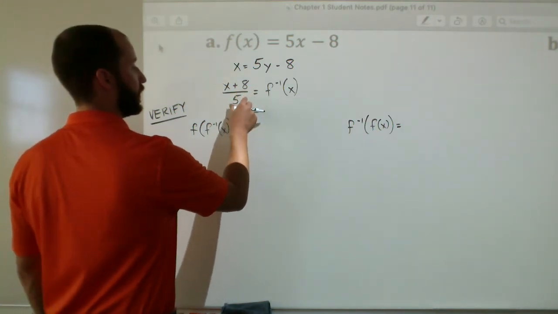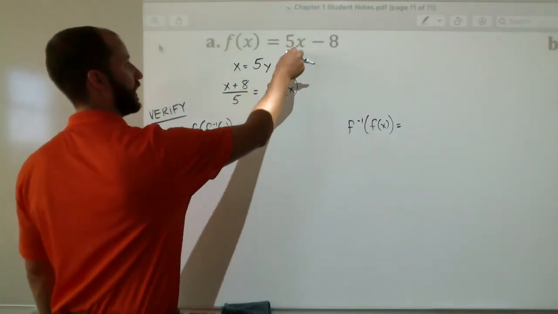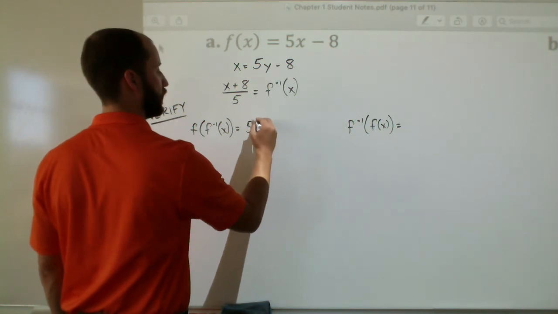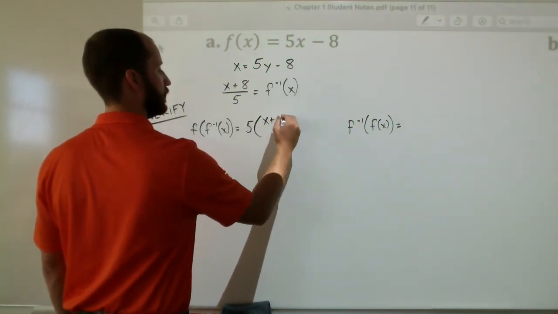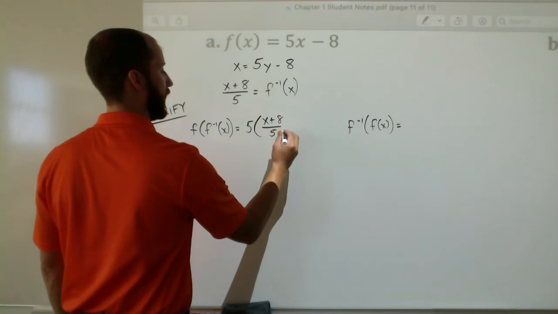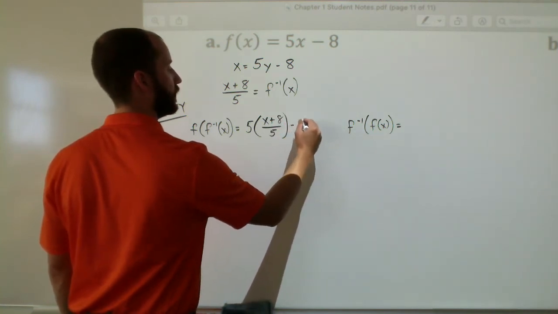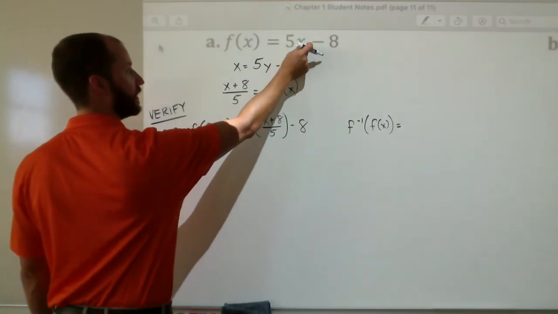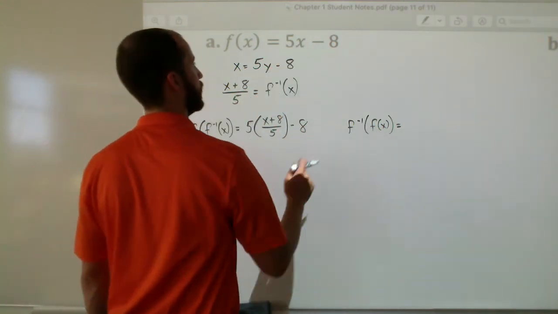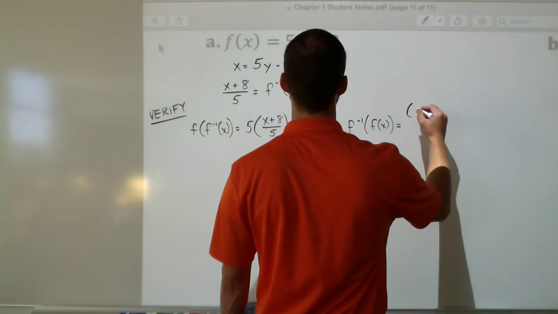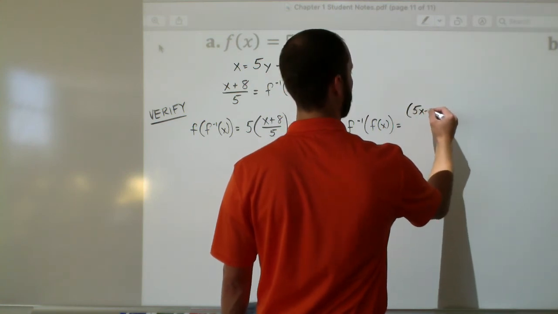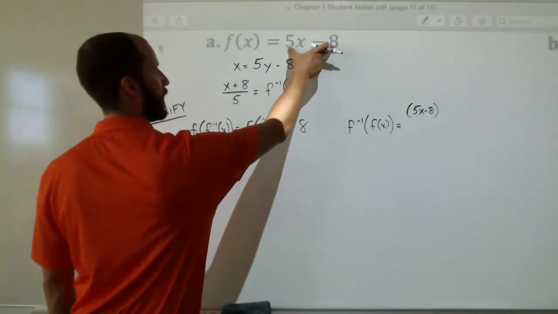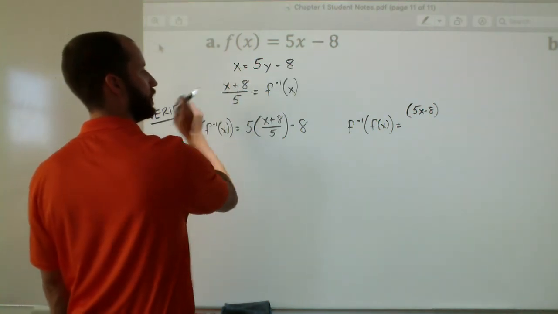So taking your inverse, x plus 8 over 5, plugging it into the original function. So 5 times x plus 8 over 5, minus 8. So the inverse plugged into the original. Let's go the other way with it. Take the original, 5x minus 8, plug it into the inverse.